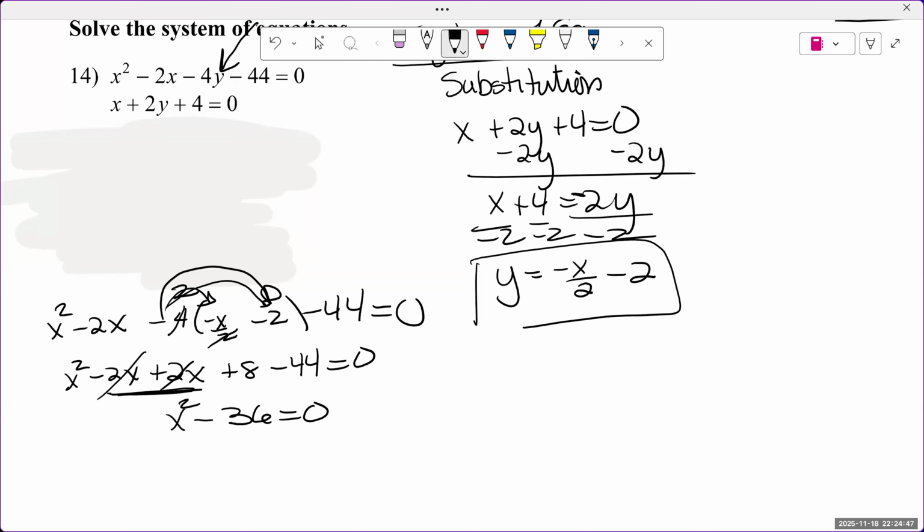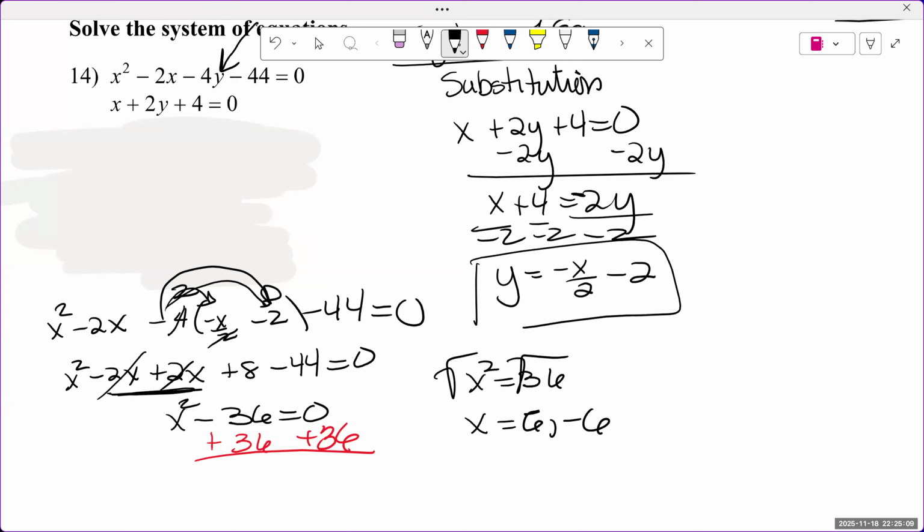You could solve by factoring, but since there's no linear term, we can isolate the x squared. x squared is equal to 36. Take the square root. x is equal to 6 or negative 6.